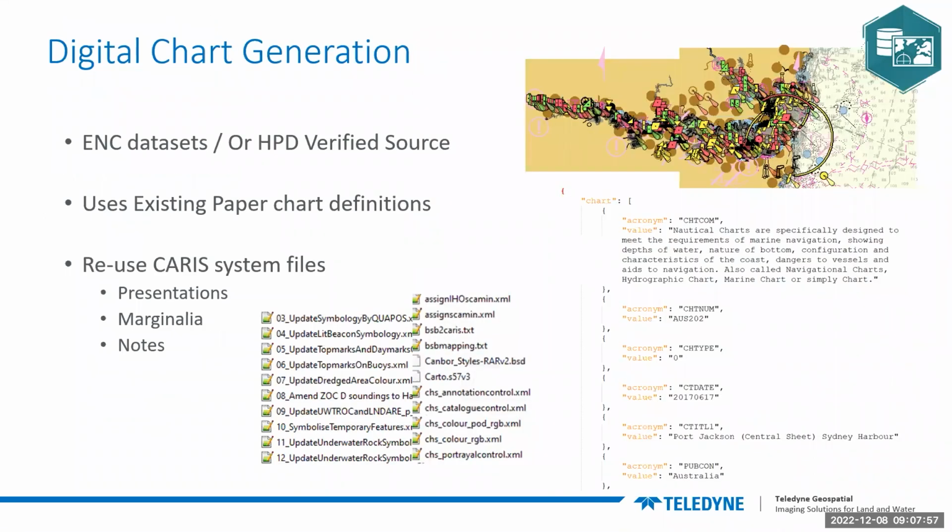So this digital chart generation, as I've said, is derived from ENCs. It uses your existing paper chart definitions. And then the whole premise of this is to reuse all of those presentations, notes, marginalia, and system files that you already have in existence. So we pull out of the HPD schema what all of the boundaries and what all of the metadata is of those products, and then it's reapplied to this automated product.